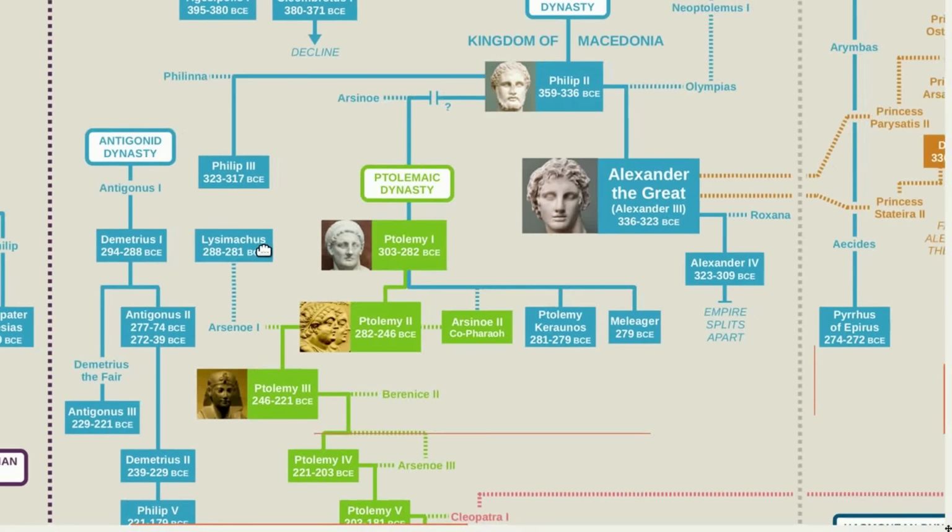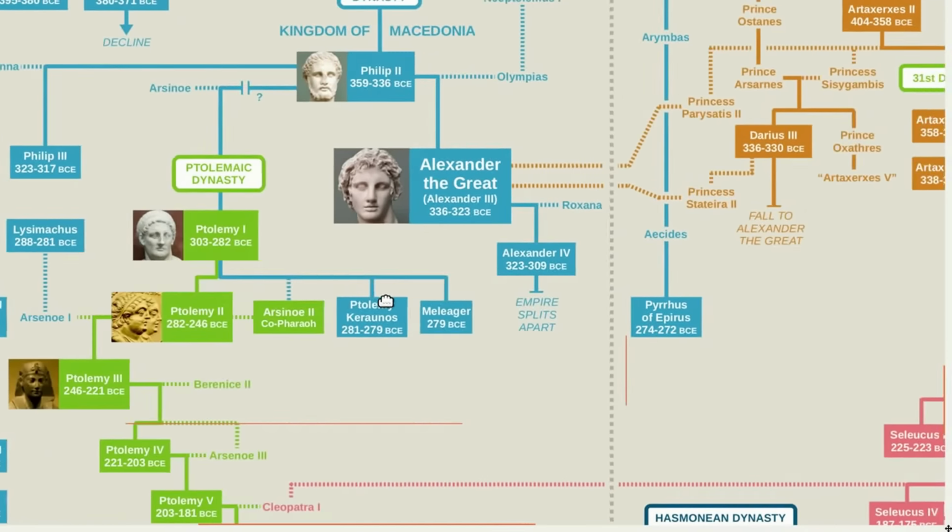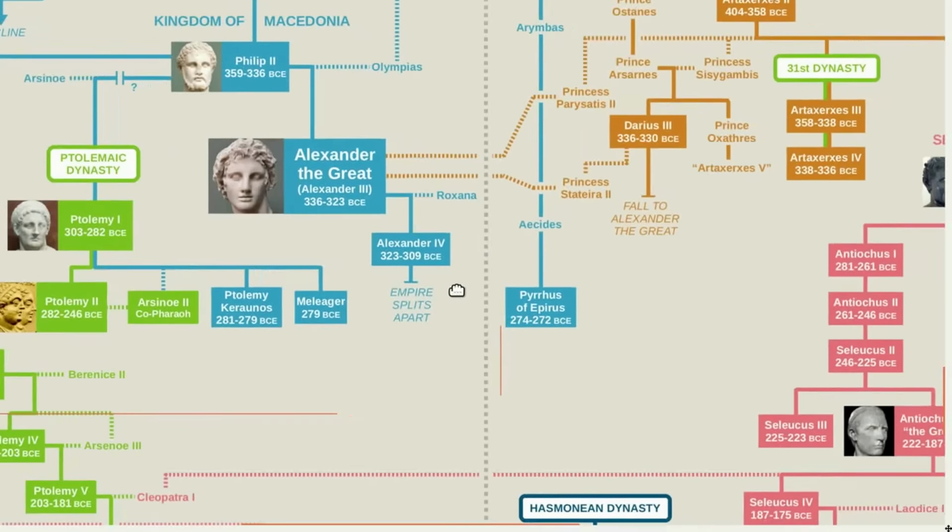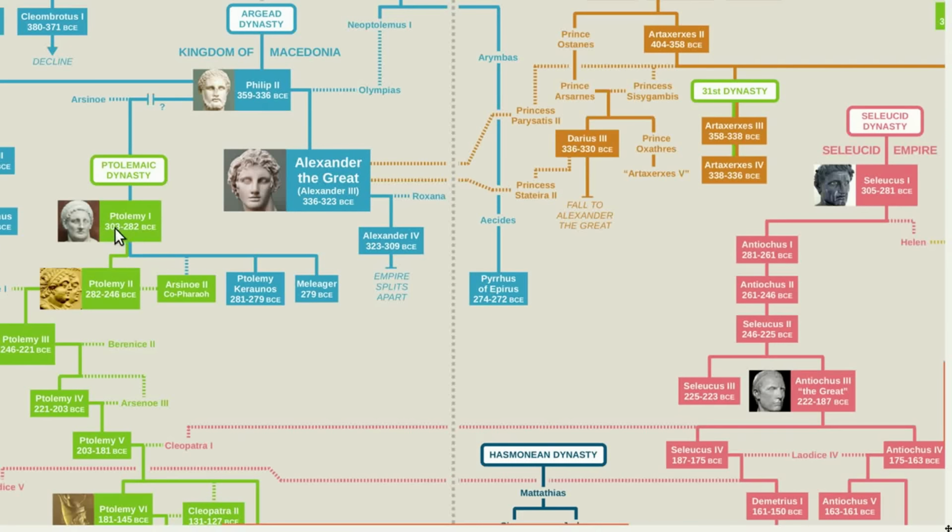But the 2 most important parts went to these 2 generals here. Ptolemy ended up with Egypt, and Seleucus ended up with Syria, Babylon, and Persia. These two dynasties, the Ptolemaic dynasty and the Seleucid dynasty, became the two main powers during the Hellenistic period.